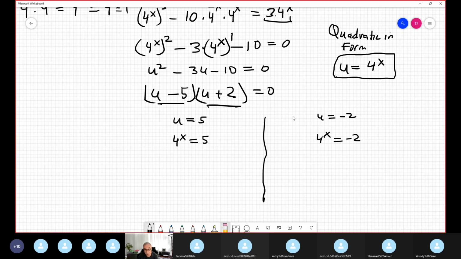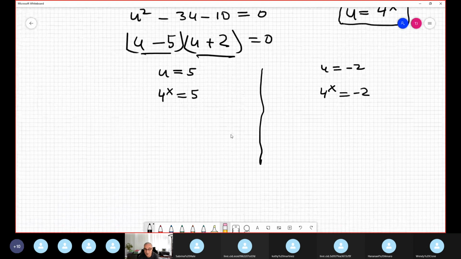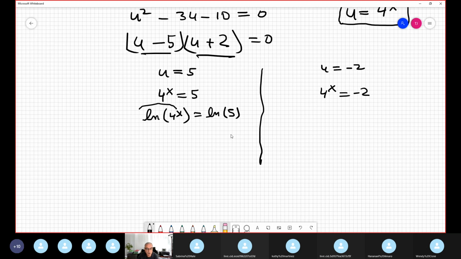At this moment, we have two new exponential equations, and these are special because 5 and 4 never match very well. So you apply logarithm on both sides. What kind? I apply the natural one. You apply natural, and you apply one more time property 7, putting the exponent in front. Finally, divide ln of 5 by ln of 4.